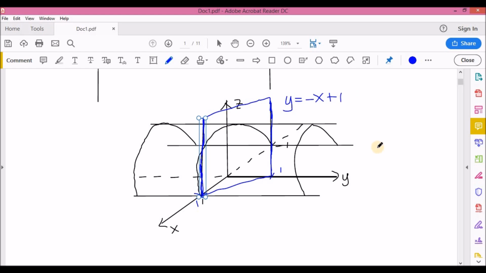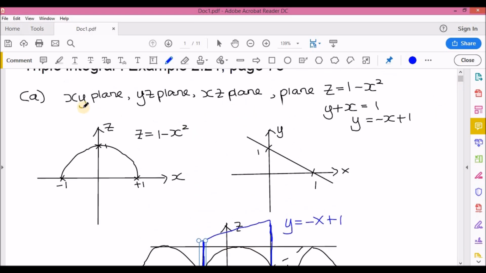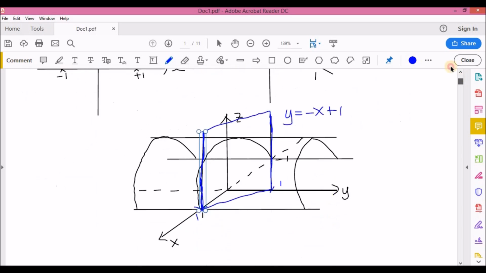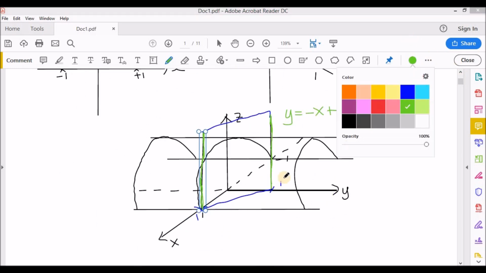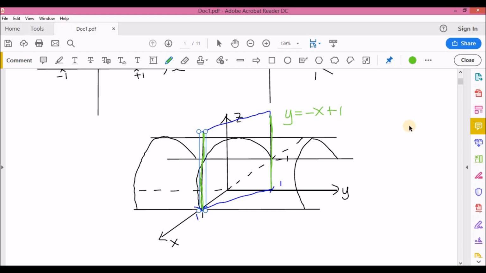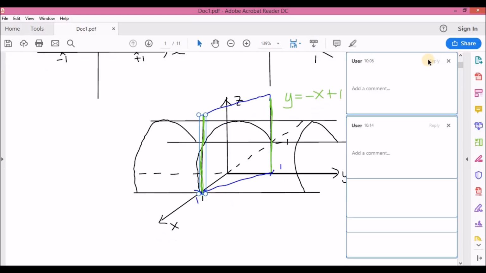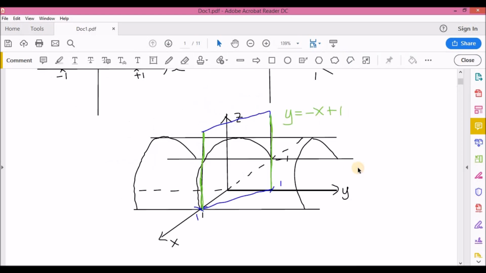Now you have to imagine this plane is cut by this blue plane. So you have to draw the structure again, and don't forget about these three planes. This actually means the xy plane will be here.